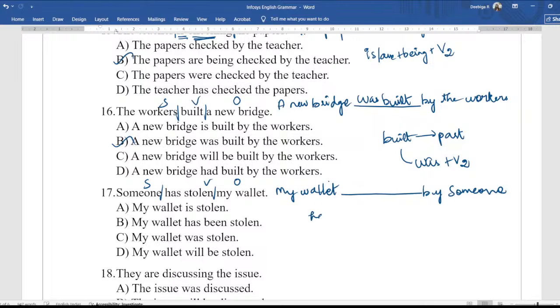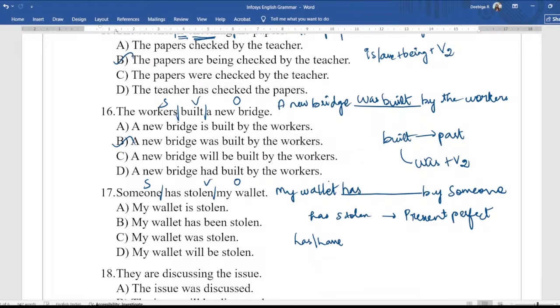Has stolen, first identify the tense. The tense is present perfect, and then you see the has. So present perfect is has. So you will use either has or have based on the singularity or plurality of the subject. My wallet is a singular object, so you will use has.